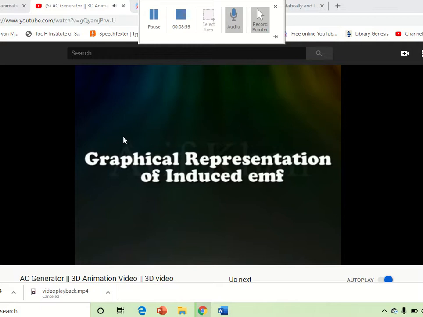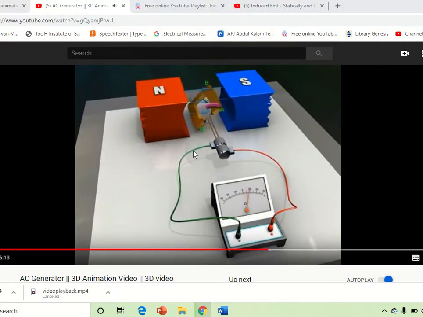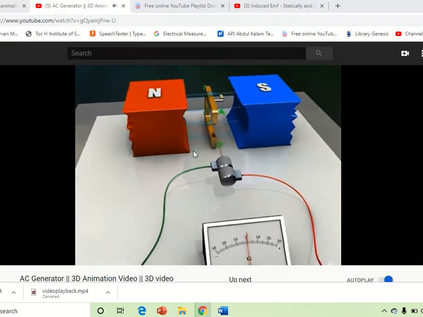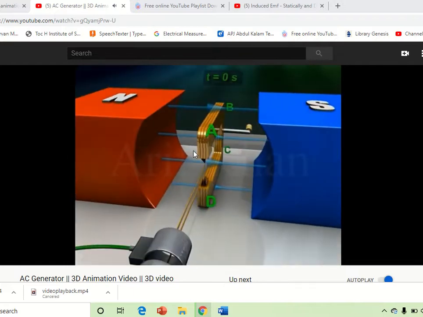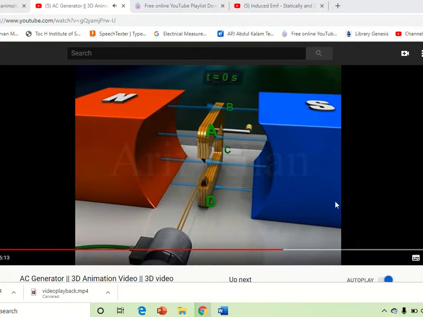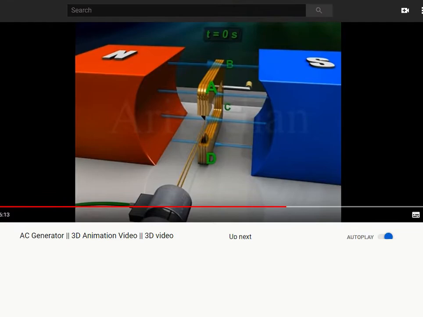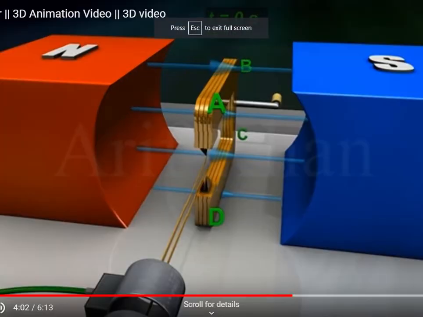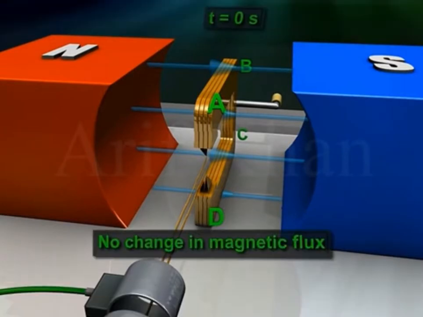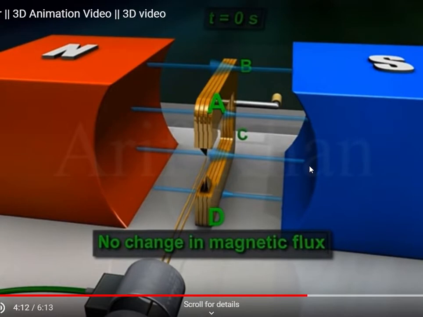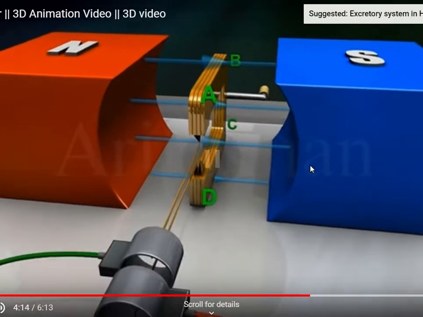Suppose the armature takes t seconds to complete one rotation clockwise. At time t equal to 0 seconds, the armature ABCD is vertical with arm AB up and arm CD down. At this position, when the armature rotates, the rate of change of magnetic flux is momentarily 0.